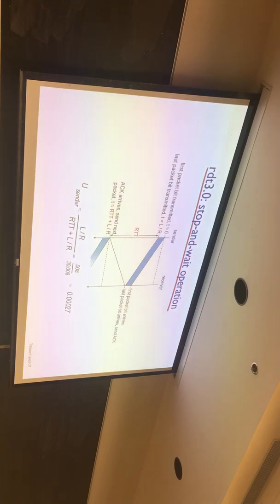So the utilization rate is calculated by this blue trapezoid divided by the total trapezoid. L divided by R, that's the blue trapezoid, the width here. Then the total trapezoid area is proportional to this width times the round trip time. So that's a very, very small use of the bandwidth of this channel.